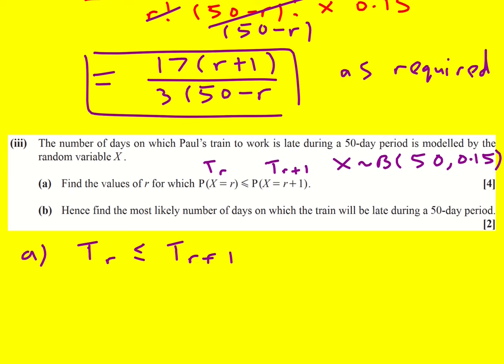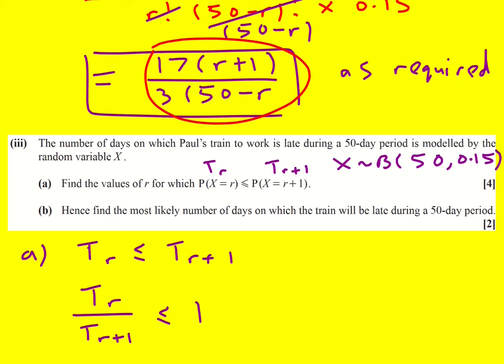Now both of these are positive, so I don't need to worry about changing the sign or anything. I can divide through by T_r plus 1, and then I'm just trying to solve this. But we've just shown that the thing on the left is equal to that. So that's what I want to solve. Suddenly this becomes a lot nicer.